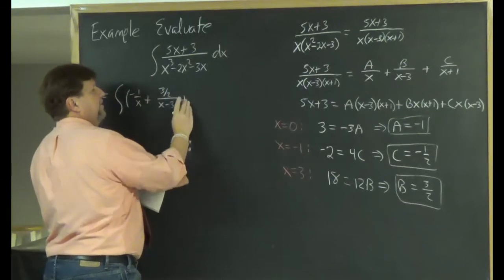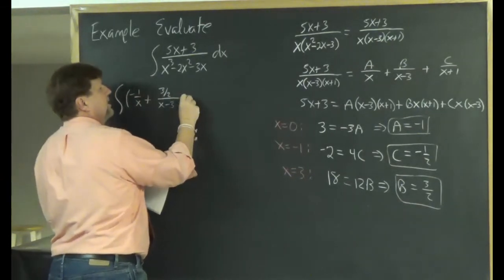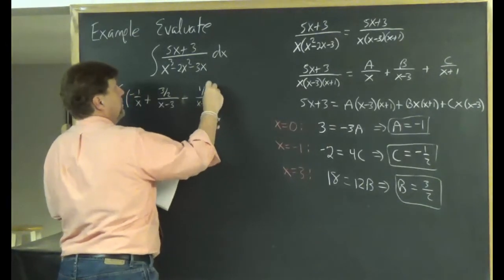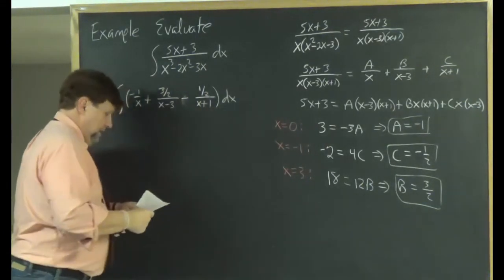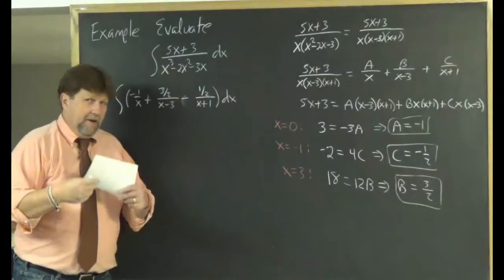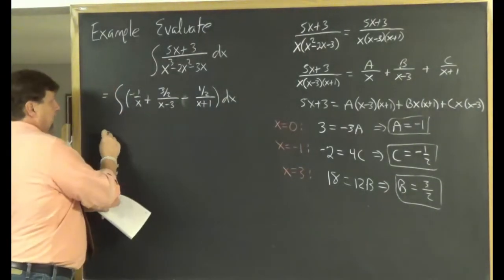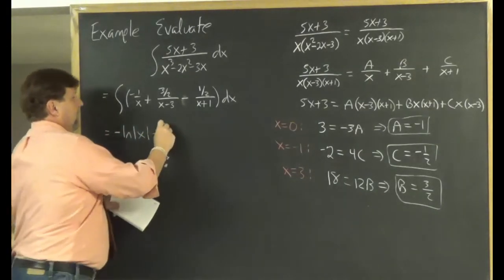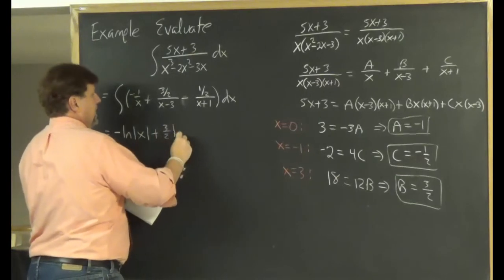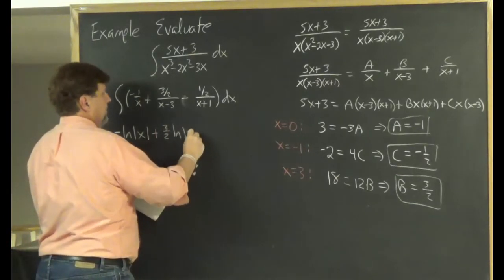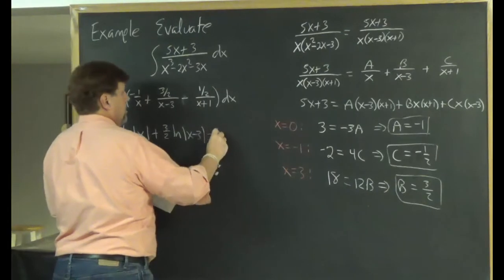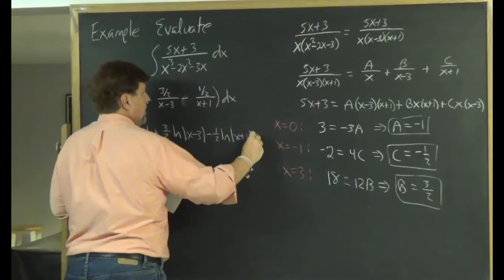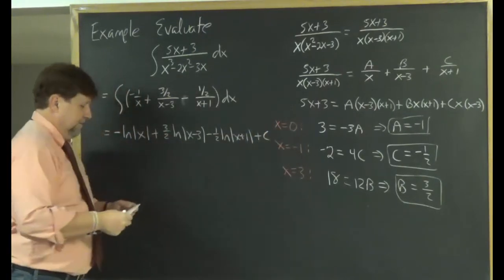So instead of putting a negative 1/2 here, let me make this a minus 1/2 over x plus 1. So folks, we should be able to get the antiderivative now in one step. Negative natural log absolute value of x plus 3/2 natural log absolute value of x minus 3 minus 1/2 natural log absolute value of x plus 1 plus C.